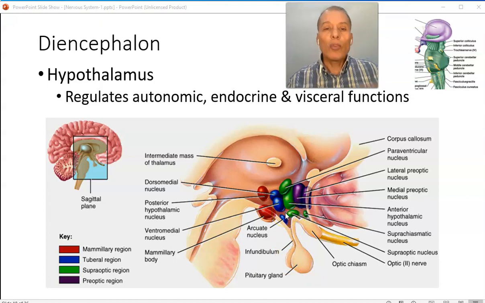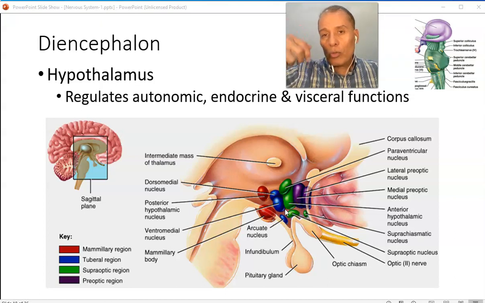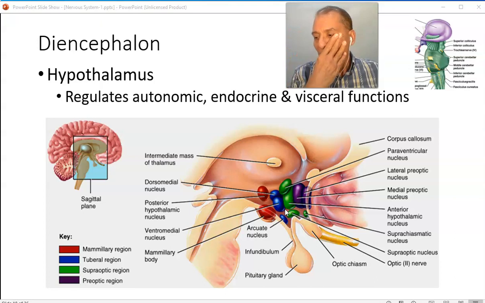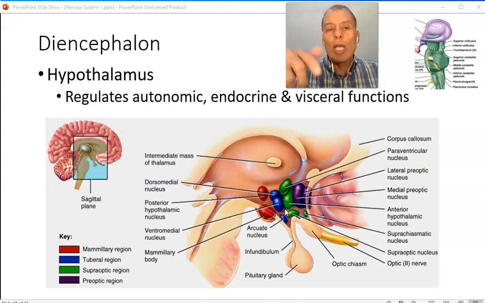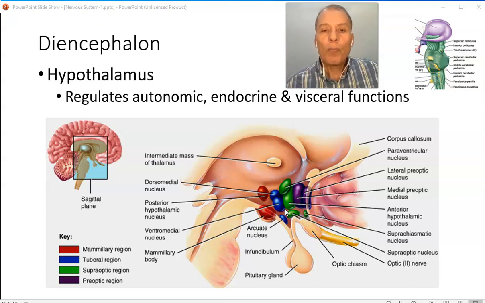The hypothalamus, for example, makes a hormone called the antidiuretic hormone that tells the kidneys to stop releasing urine. And if you drink coffee, for example, that is going to decrease the release of the antidiuretic hormone, and that causes you to make more urine, to go to the bathroom.